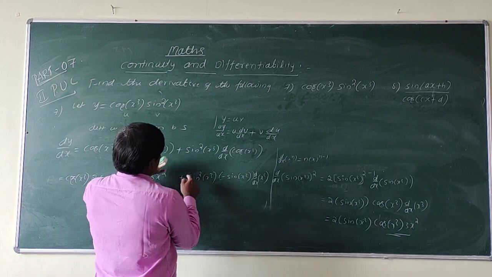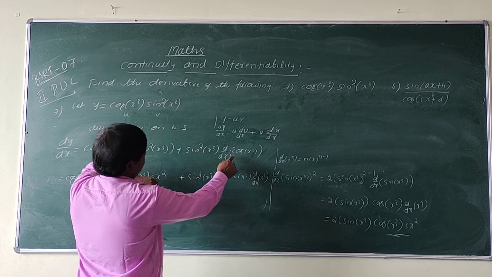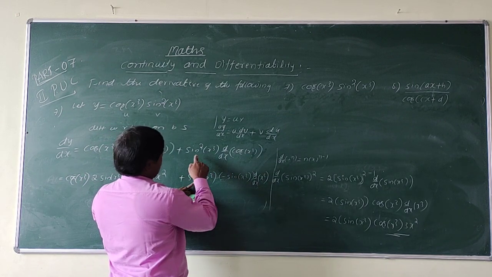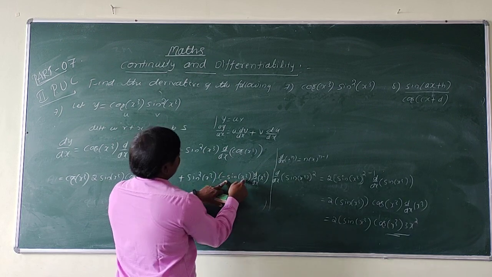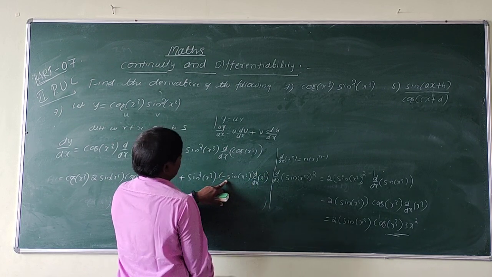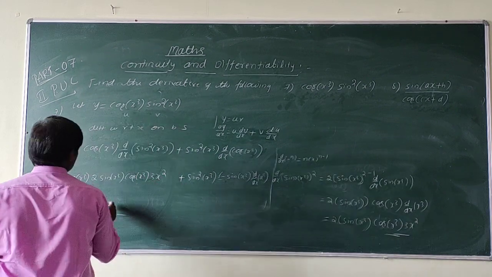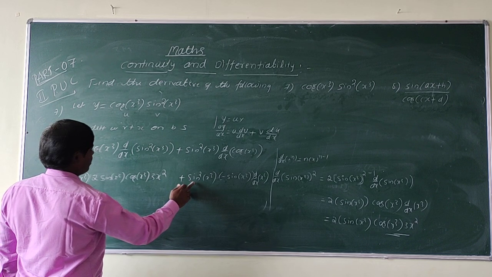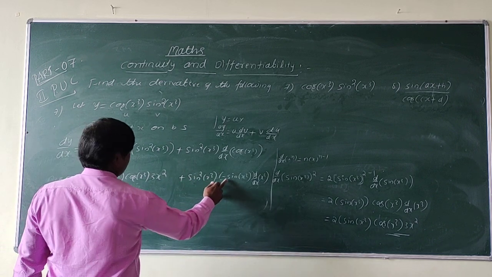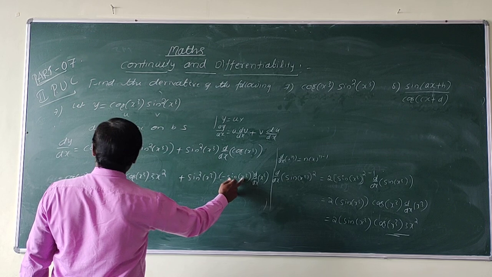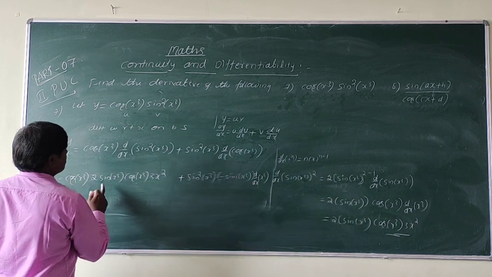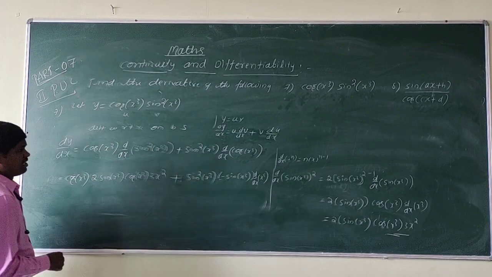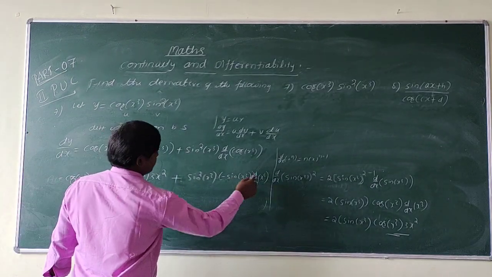This is the same as it is. That is cos x cube, minus of sin x cube into d by dx of the internal term. For the simplification, suppose here sin square x cube has any common factors, then take it outside, or otherwise keep it as it is. And first differentiate this one.